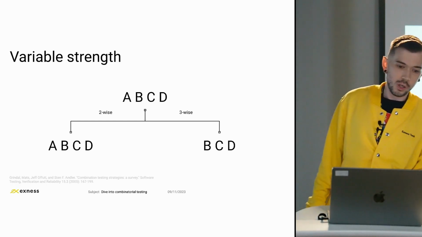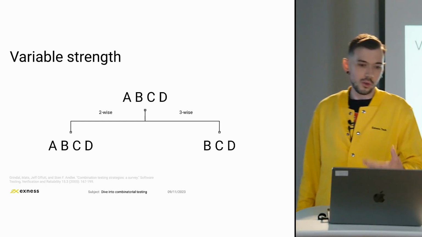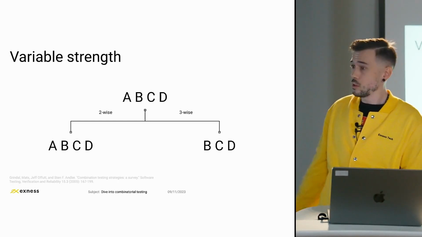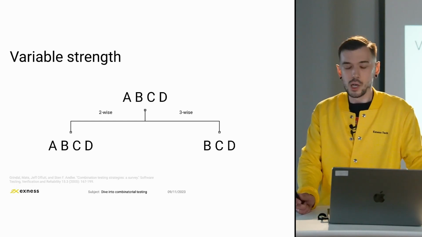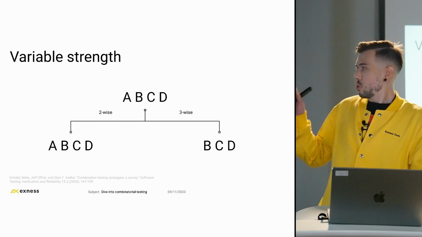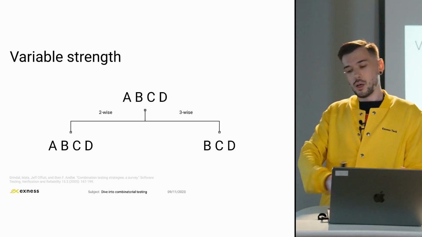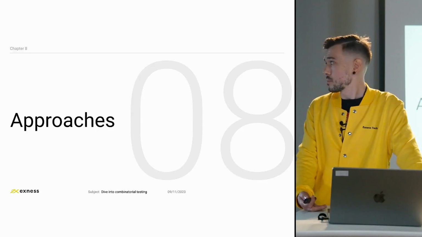Probably, if you want to cover some three-wise potential issues, but don't want to get to the point where you have too many test cases, you can combine just two-wise things, and after that, make your suite bigger with three-wise.